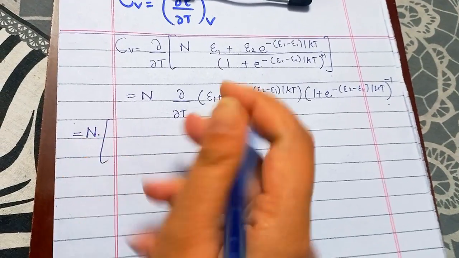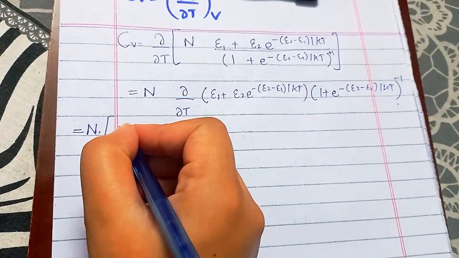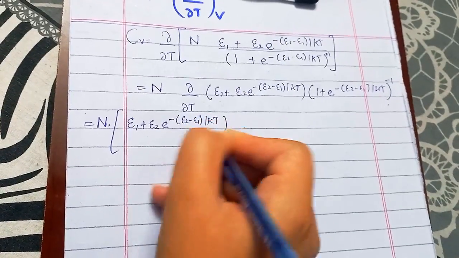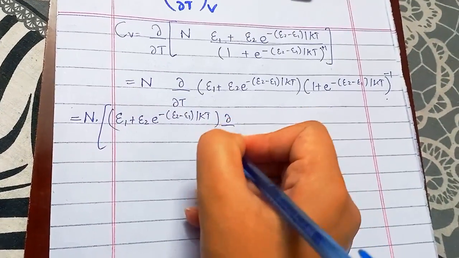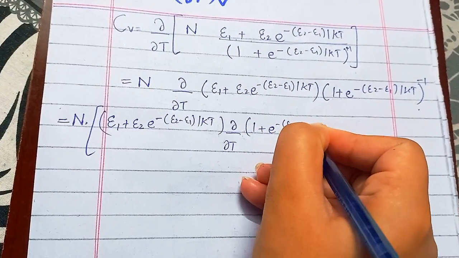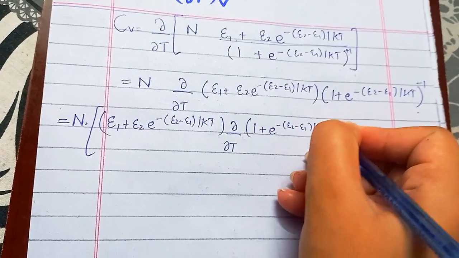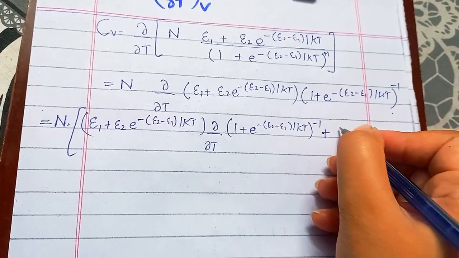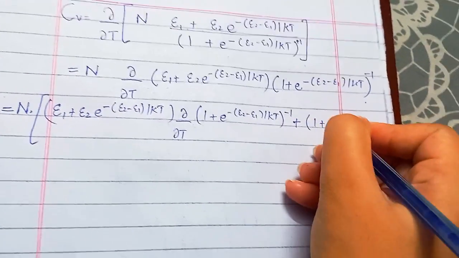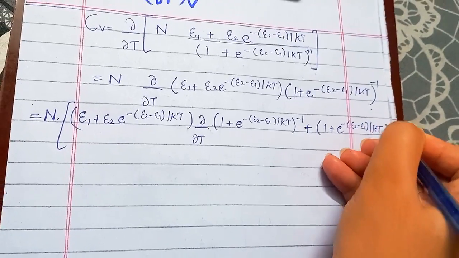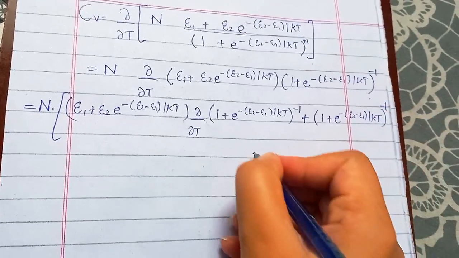Let's start. This is the first term as it is, bracket close, derivative of second term, then plus sign, second term as it is, derivative of first term.